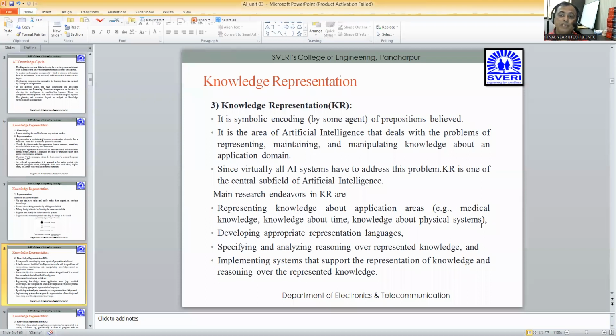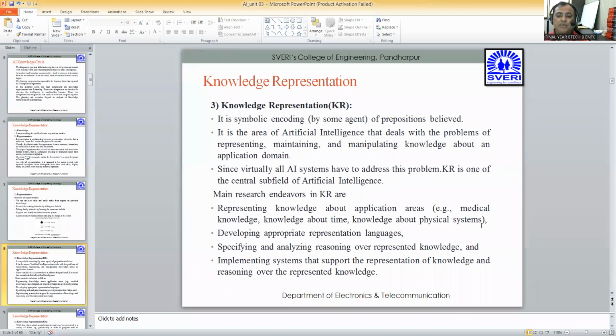How they are representing? So they are representing knowledge in different application areas where it could be medical, it could be time, it could be physical systems. Developing appropriate representation languages. Yes, we can represent language also. So there also this KR can be used for representing languages.